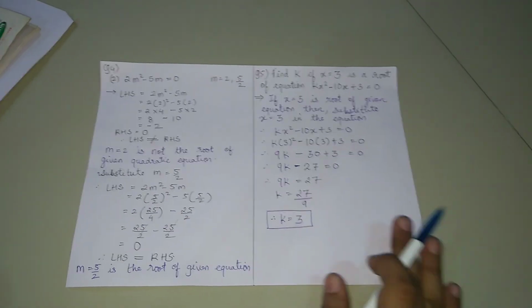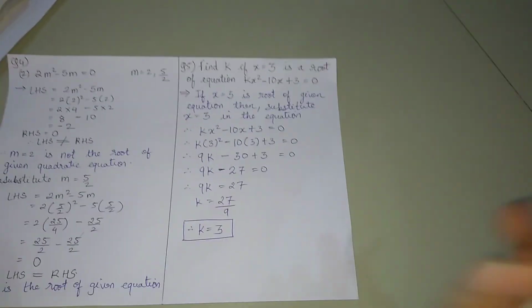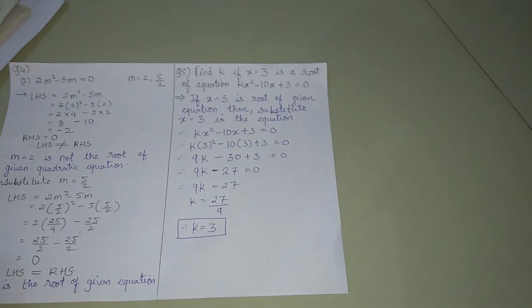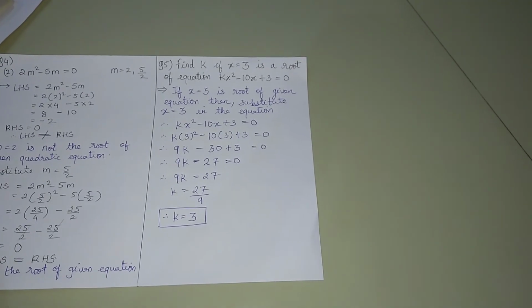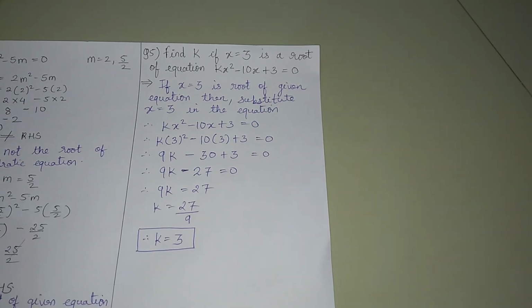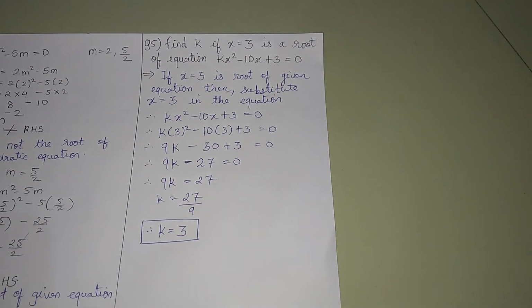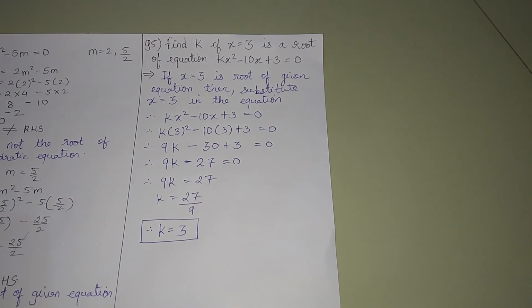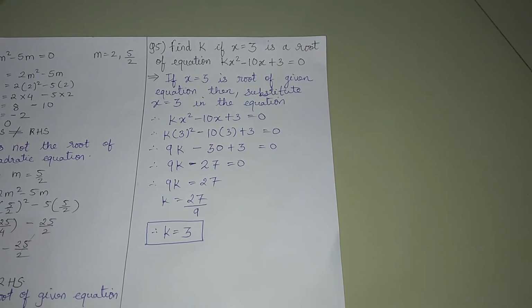Now we will see question number 5, which is very simple. Find k if x equals 3 is a root of the equation kx square minus 10x plus 3 equal to 0. The question itself says that x equals 3 is a root of the equation.